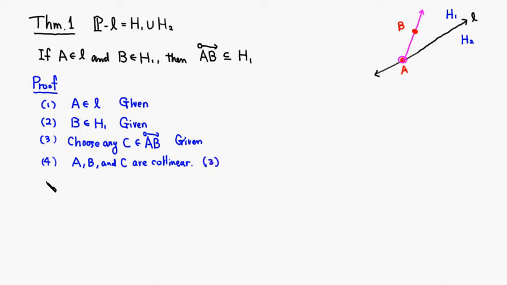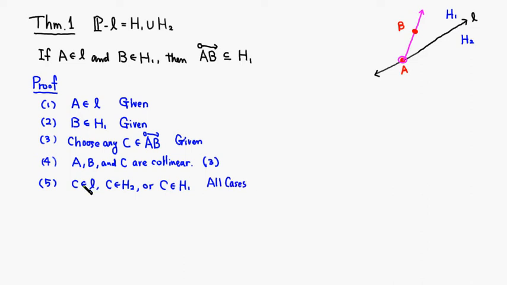Then I'm going to list all possible cases. There are only 3 different places. C could be on the line, C could be in H1, or C could be in H2. So C is in L, or C is in H2, or C is in H1. Those are all possible cases.